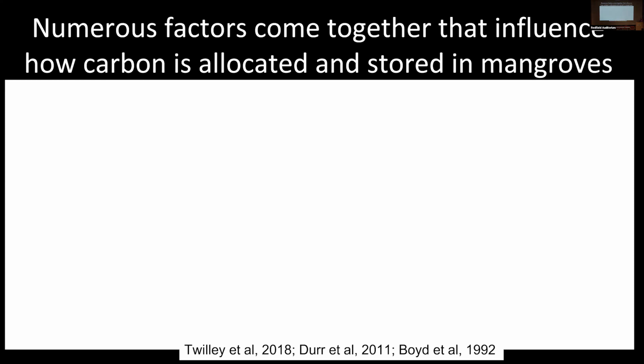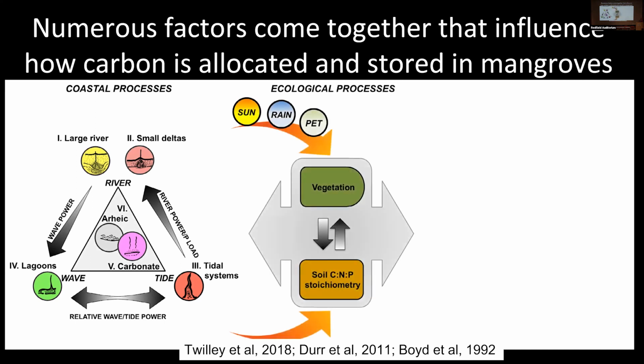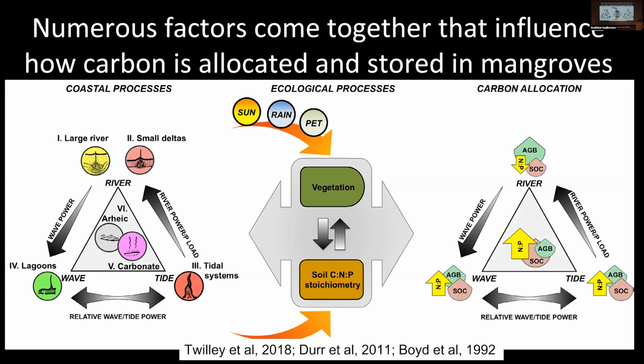So there's a number of different factors that influence how carbon is stored and allocated within these mangrove systems. We have these coastal processes that we talked about, right? The differences between wave energy, tidal regime, and river discharge, right? These things are interacting with these ecological processes and climate to change the way carbon, nitrogen, phosphorus interact within these particular regions and influence the structure and the function of that vegetation.